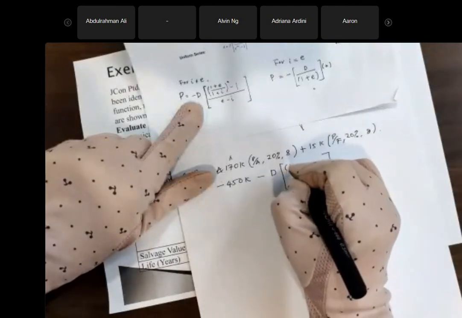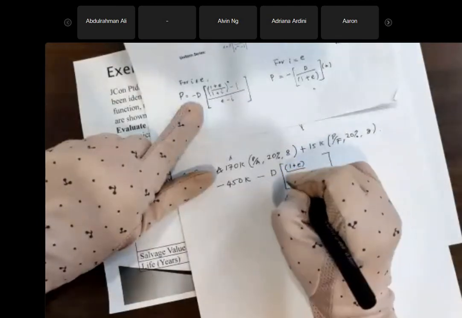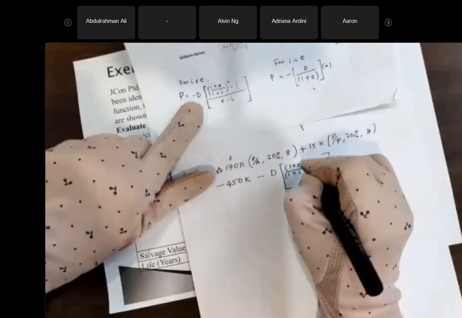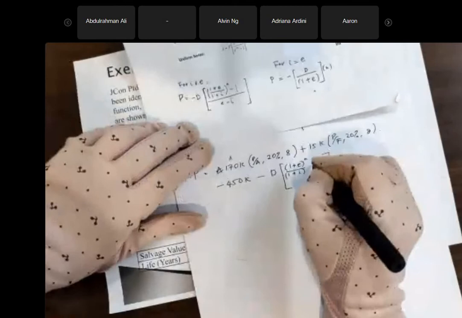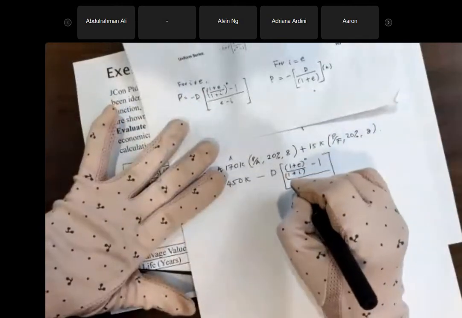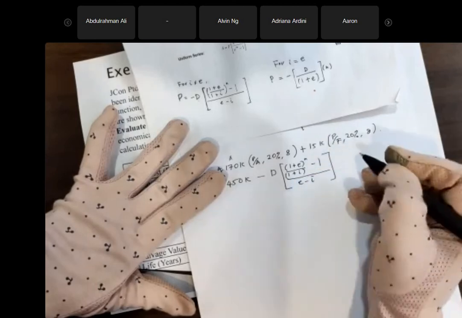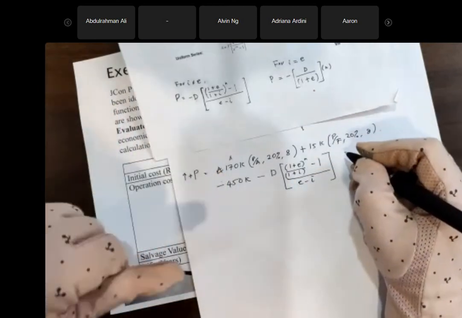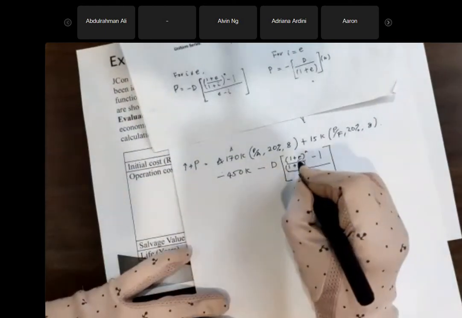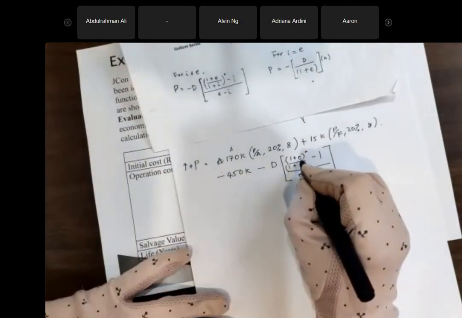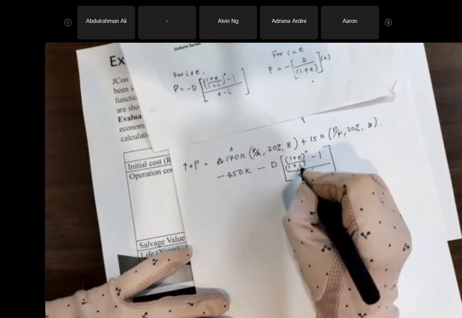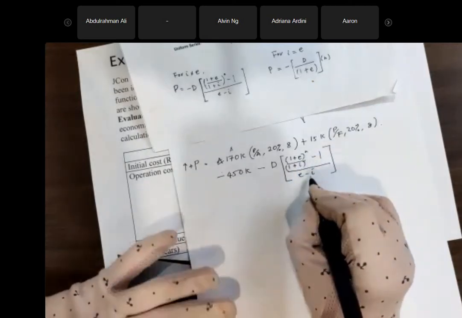The formula is (1 plus E over 1 plus I) to the power of N, minus 1, over E minus I. So you put E as 0.03 and I as 0.1.